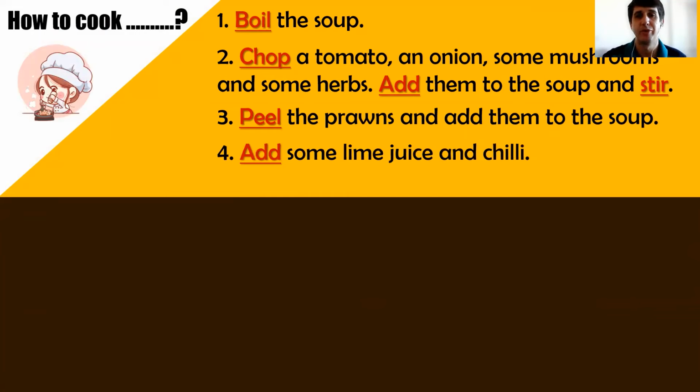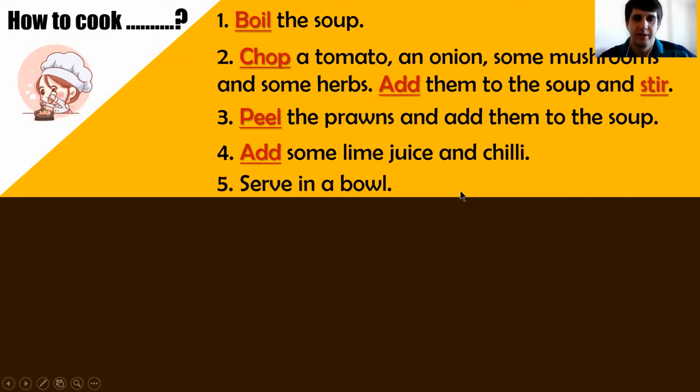Add some lime juice and chili. So we can take a lime, we can chop in half, and we can squeeze into the soup and take some chili, put some chili in there too. And then when it's finished, we can serve it in a nice bowl. Sounds delicious, but what is it?